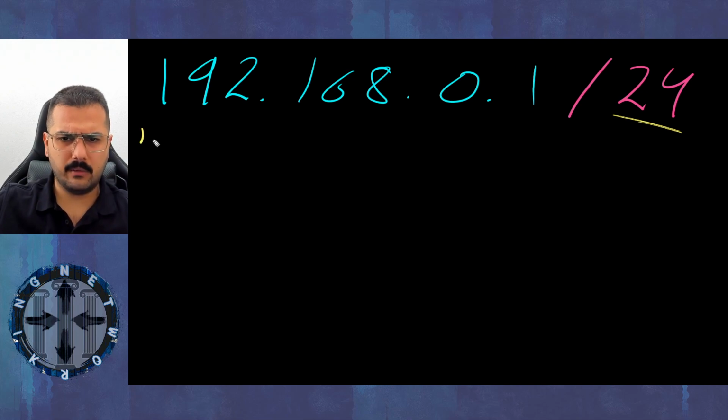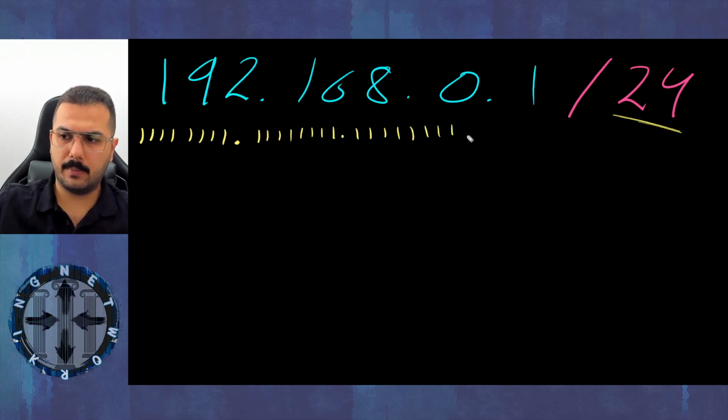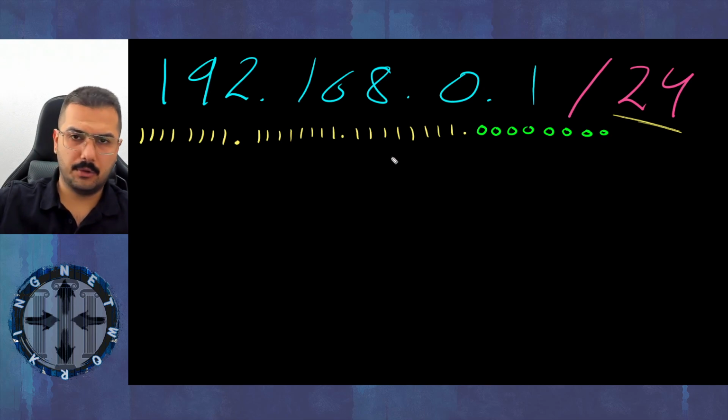So 1, 2, 3, 4, 5, 6, 7, 8 bits, and it's always fixed: every 8 bits there is a dot. 9 through 16, then 17 through 24, done. What should I do after that? Should I cry? No. You should just finish the 32 bits that you have to fill. You are forced to fill that with a non-value digit, which is the 0. Done. So this is step number 1.